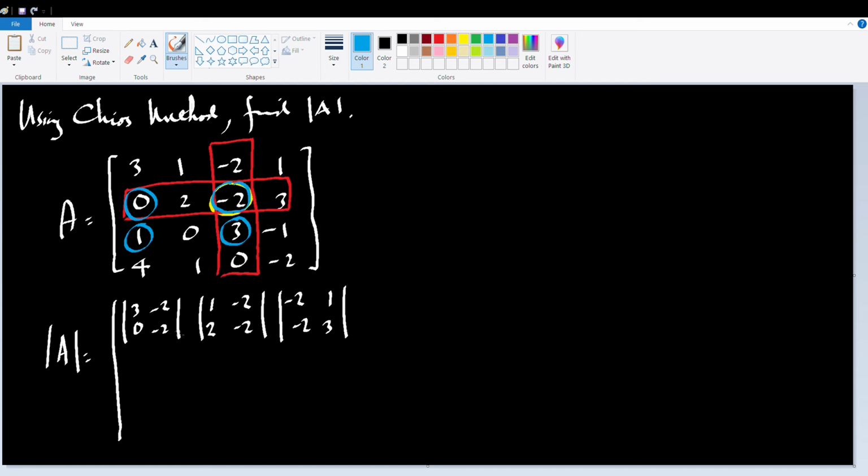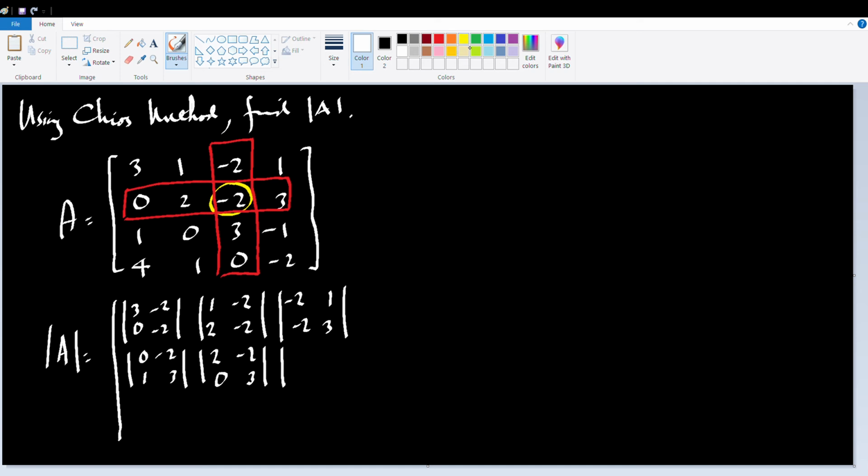In all these 2 by 2 determinants, Aij is always part of that determinant. So 0, negative 2, 1, and 3. Next, determinant of 0, 2, negative 2, and 3. Then 2, 0, negative 2, and 3.